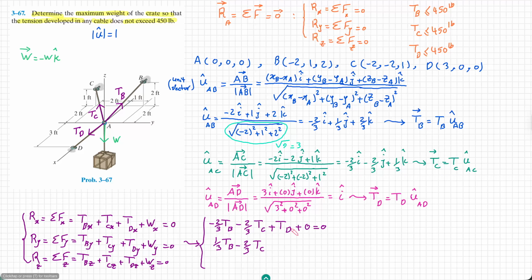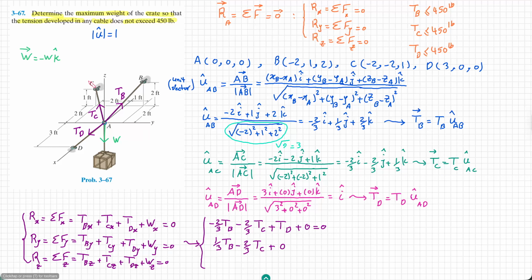For TD, if you look at TD and the u hat of AD, there is no y component, so you just get 0 because TD is only in the x direction.